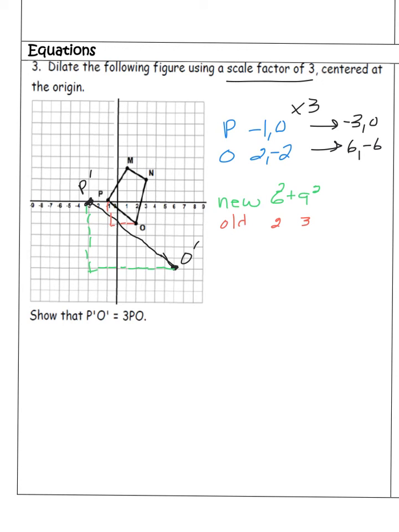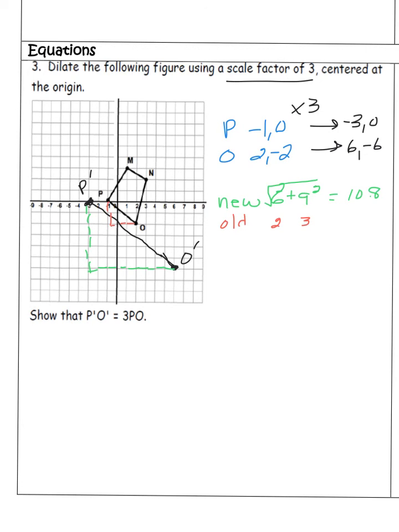I am getting 117. And I'm going to square root 117. And when I square root 117, I'm getting 10.8.